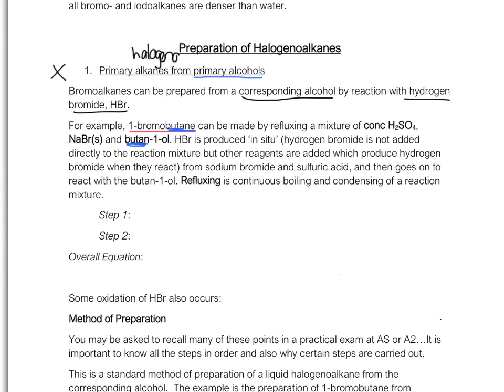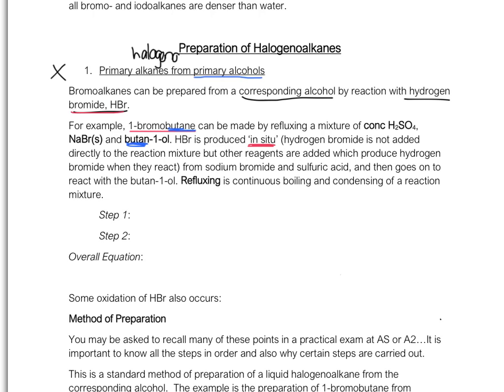Now, the other thing that we need to react it with is hydrogen bromide. We can't just add hydrogen bromide directly, and that's what this part here means about in situ.